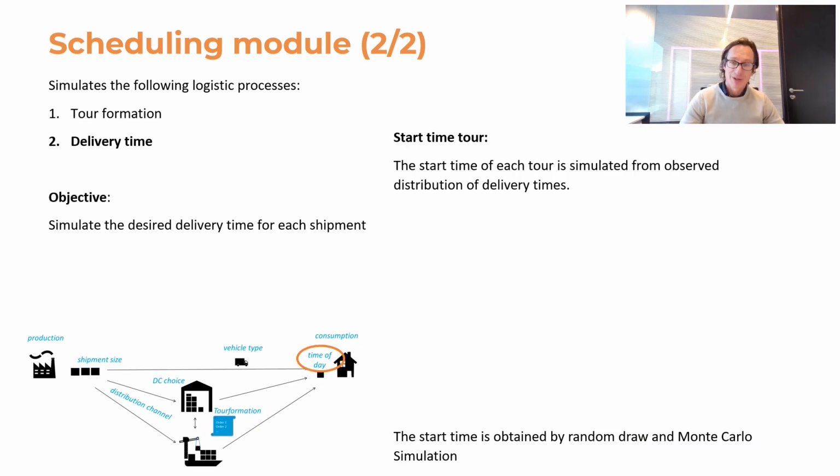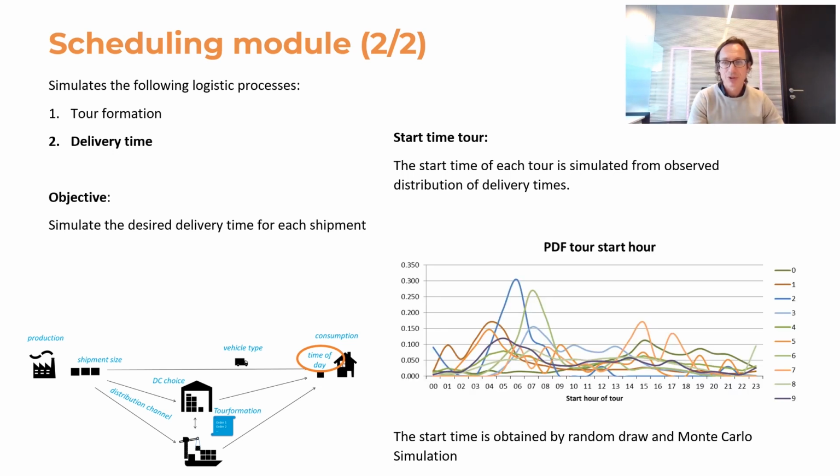Well, the second part of scheduling is also to simulate the desired delivery time. For this, we have not implemented a discrete choice model, but what we did is we implemented Monte Carlo simulation, because we have an observed probability density function of all the tours in the XML data.